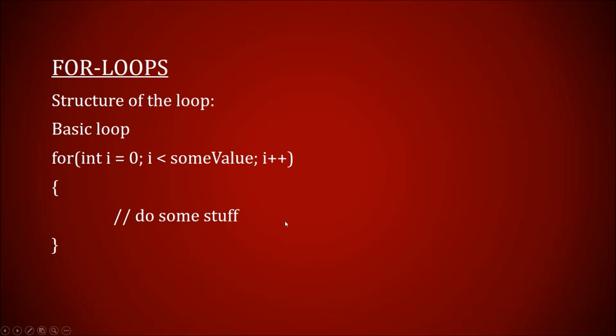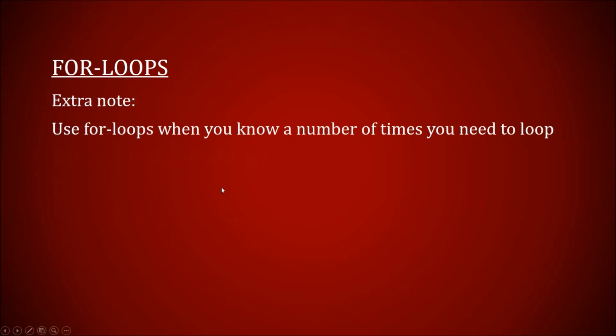And then the loop does some stuff inside of here. At the end, it comes up to this part of the code and increments i, updating the condition here. So for loops are typically used when you know a certain number of times you need to loop through that specific section of code.